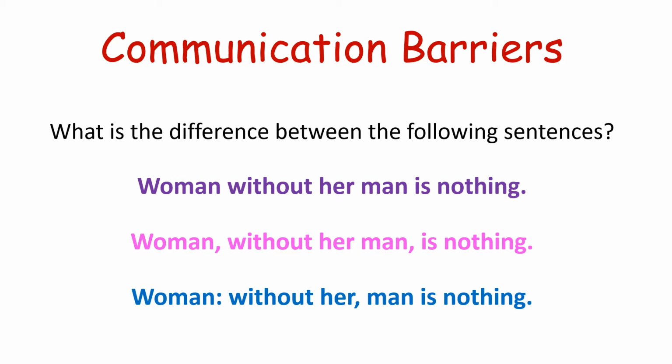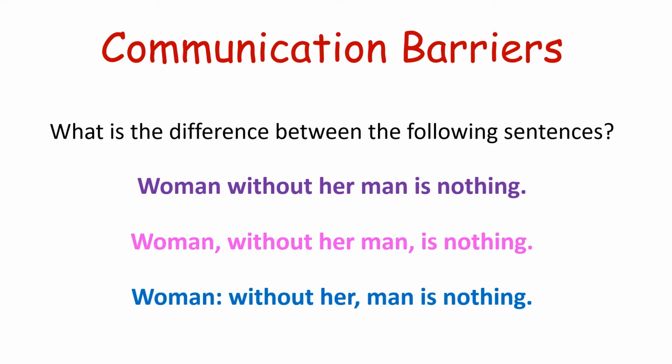Now let's read the final sentence. Woman: without her, man is nothing. Here we can see that a colon separates woman from without her. Without her is separated from the rest of the sentence with a comma.